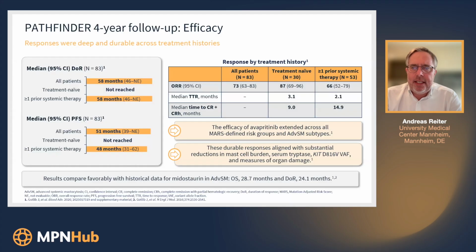So, the efficacy of avapritinib extended across all defined risk groups by the MAS score and independently of the subtype. So the durable responses aligned with substantial reductions in all markers of disease burden, like mast cell bone marrow infiltration, tryptase, allele burden, and the measures of organ infiltration, organ damage, such as anemia and thrombocytopenia.